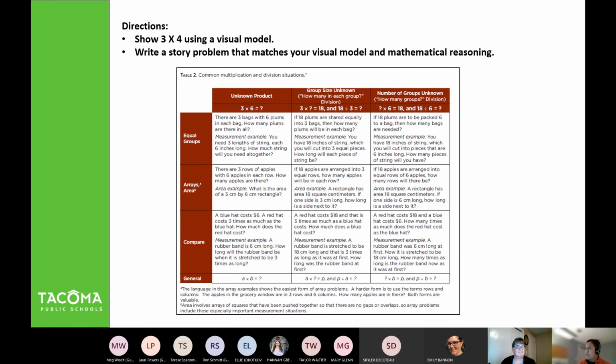So I've seen the question of, is this consistent through Tacoma Online as well as remote learning? And yes, the standards for mathematical practice are applied to all K-12 students in Washington.